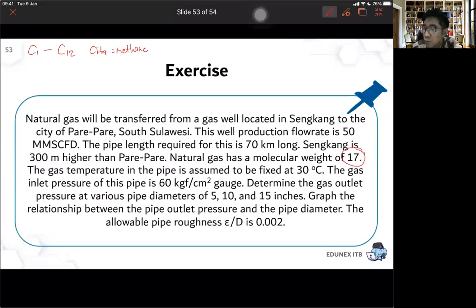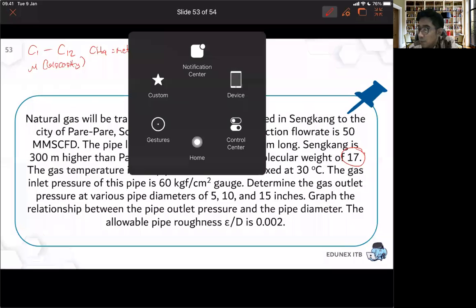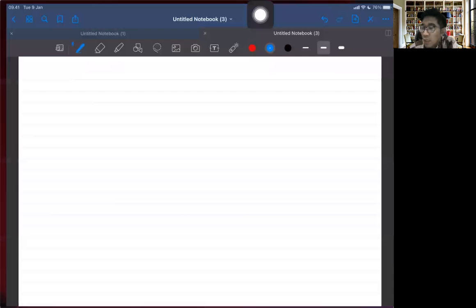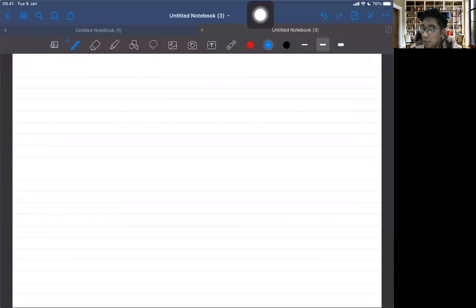So I have asked you to find the properties of methane gas in terms of viscosity. For the density, you can calculate from the ideal gas equation.